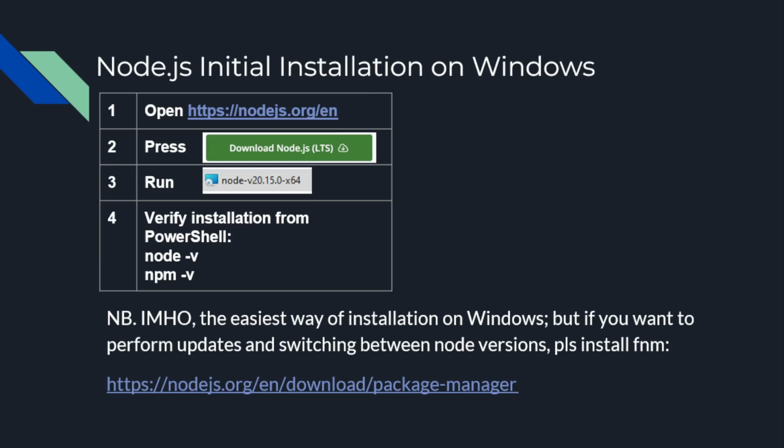We will start with Node.js installation, because without Node, nothing will work. The easiest way to do it on Windows, and the classical way of doing it on Windows, is just open this site, press and download Node.js, and download this most recent LTS file.